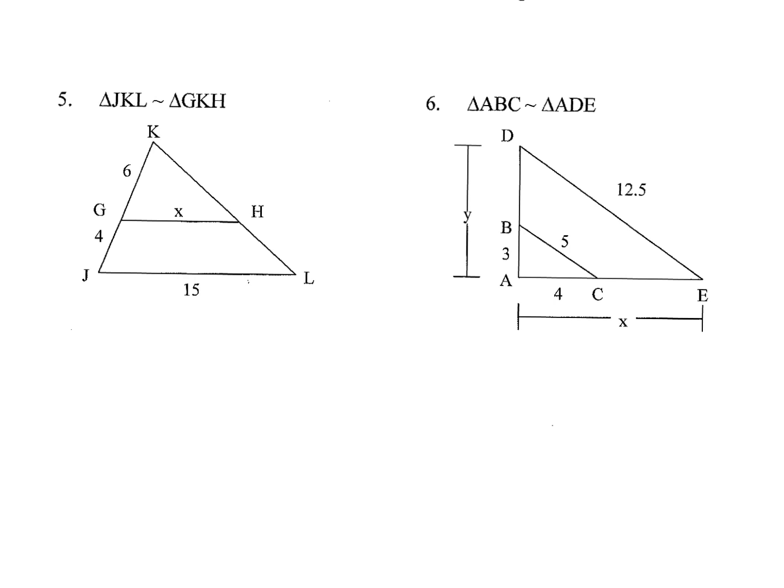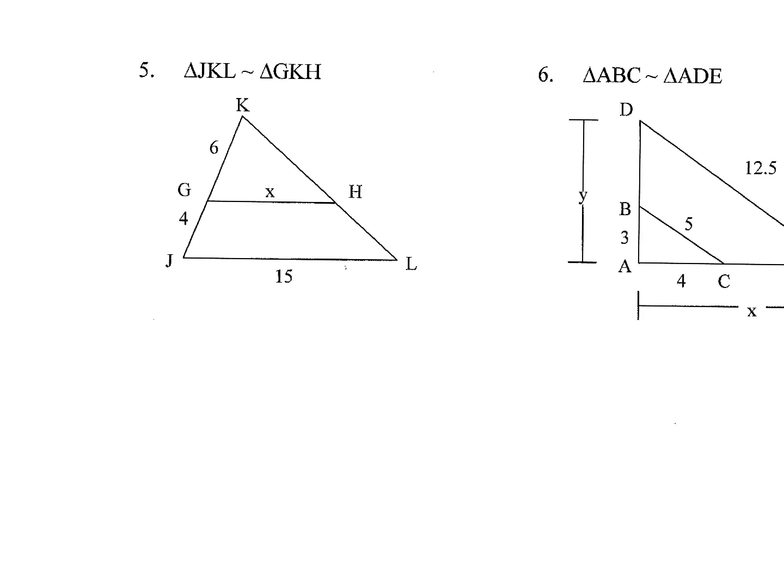The easiest thing you can do is make it look like your other problem. So how do we do that? We're going to do that by actually separating the triangles. I have a small triangle here, which is listed GKH, and then I have a larger triangle, JKL.